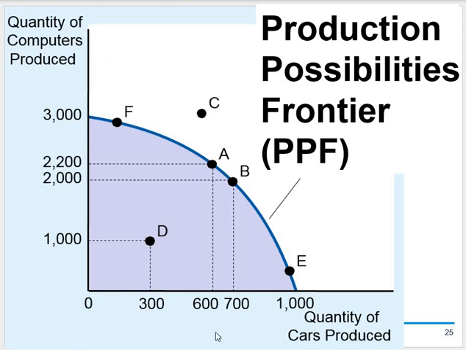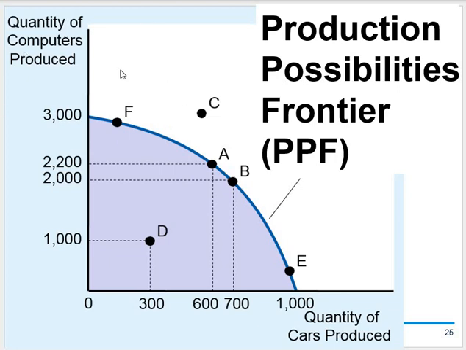As you can see on this graph, we assume a firm can produce two different things with the given resources. Those resources could be labor, capital inputs, raw materials, all those. Once the firm knows what they have, they can make decisions on how much of each product they're going to produce.